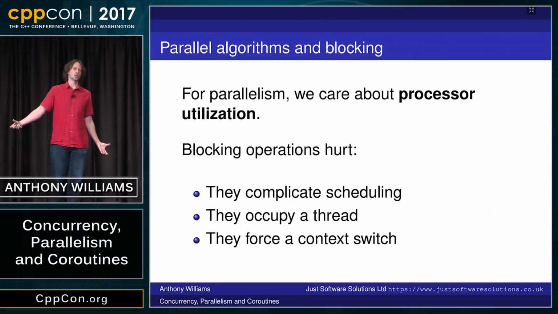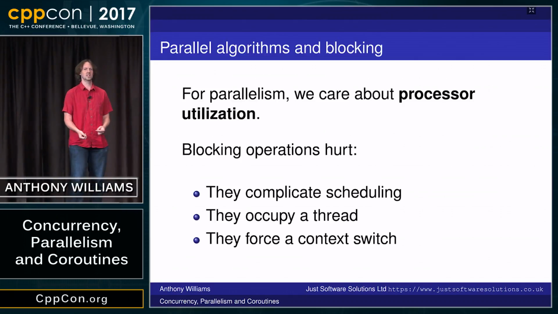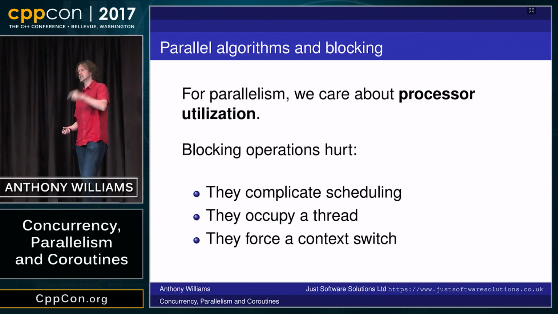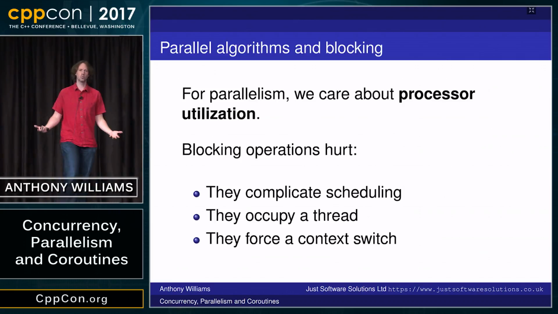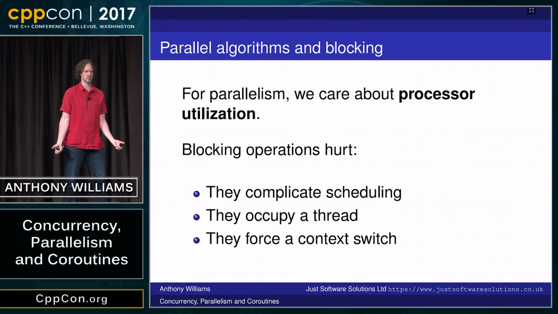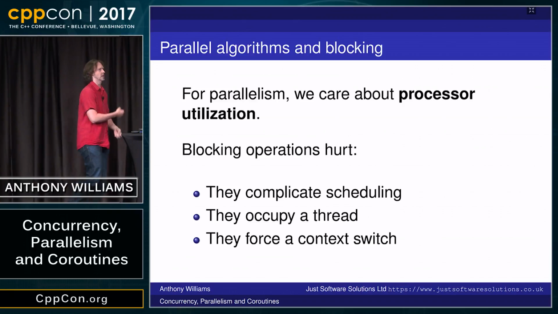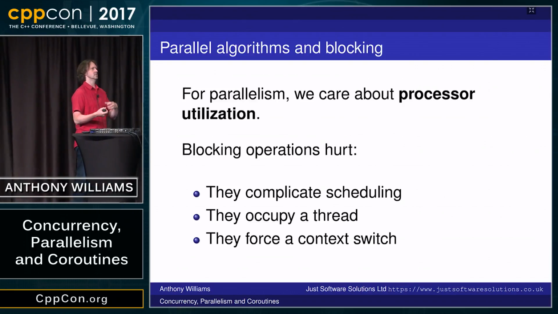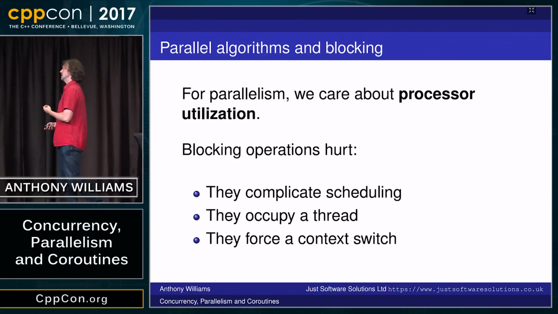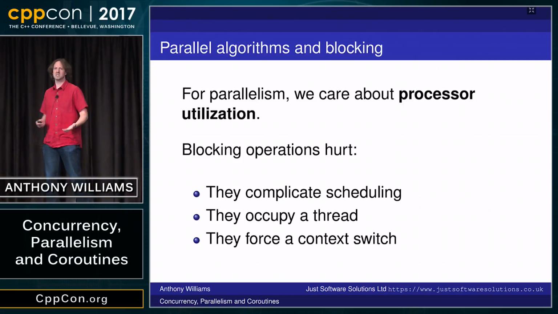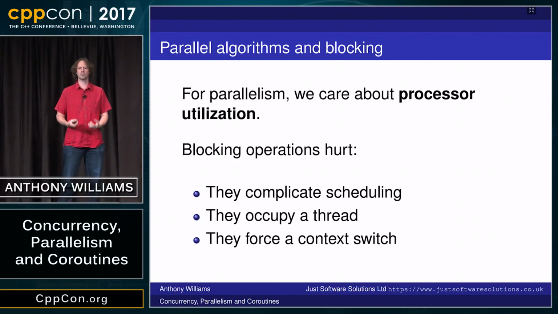Now, we've got 1,000 cores, and we're trying to stick a load of work on them, and what we don't want is for those cores to be sat blocking, doing nothing if we can help it, because that's just wasting available processor resources. So blocking operations, which you get normally with futures, hurt that. They complicate the scheduling, they occupy a thread. They can force us to do a context switch, which is expensive as far as the OS is concerned, and just generally saps our overall performance.